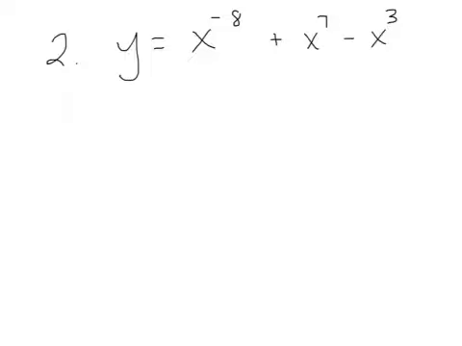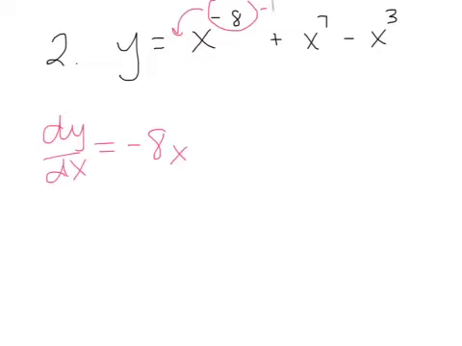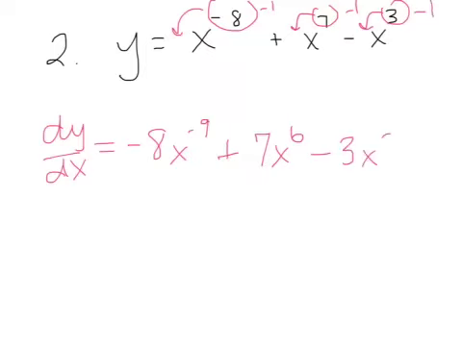So this one looks pretty straightforward, all exponents. So we'll go straight to dy dx, so change in y divided by the change in x equals, and we bring this out front, -8x, minus 1, so to the -9, plus 7, bring it out front, 7x, and then we minus 1 to it, so that's 6, minus, take the 3, bring it out front, 3x minus 1 to the 2.